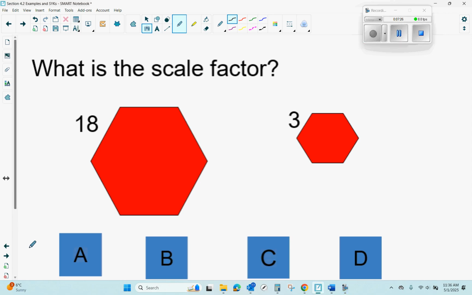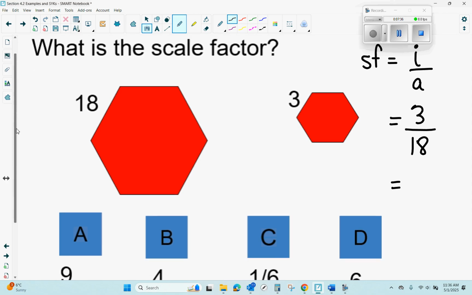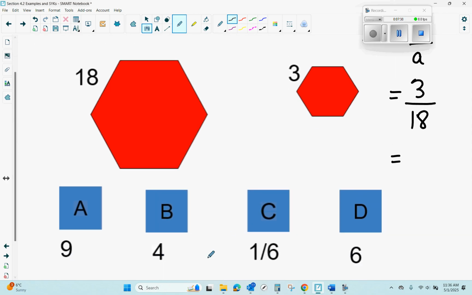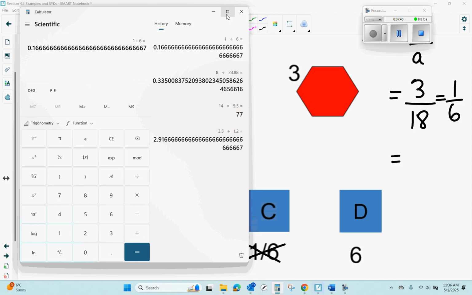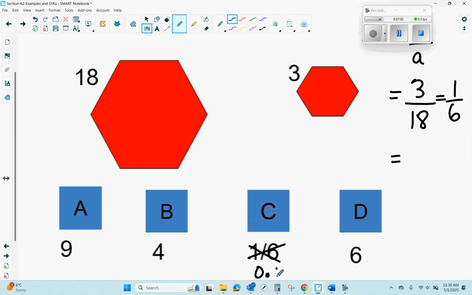Okay, last one like this. What is the scale factor? Image divided by actual. 3 divided by 18. Okay, again, they don't have it as a decimal. I wish these were written as decimals. 1/6. 0.16 repeating.